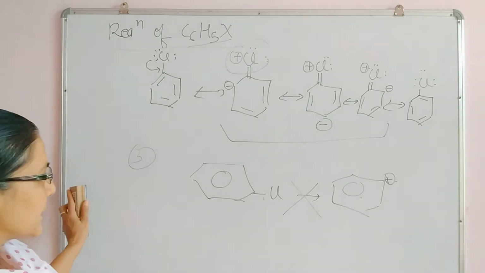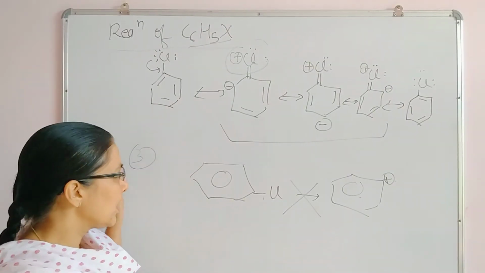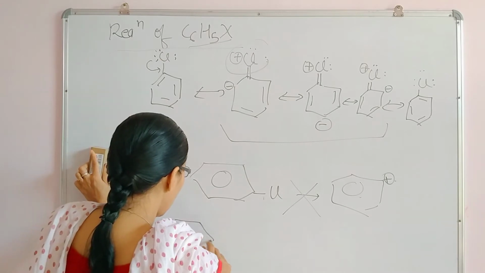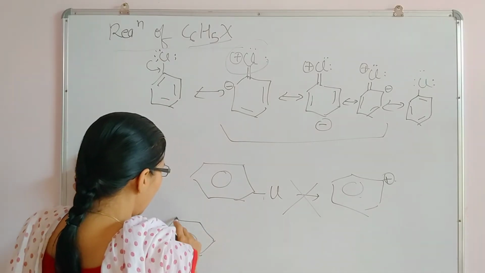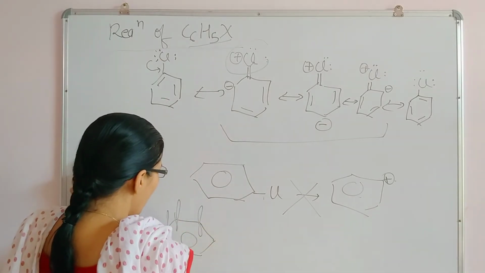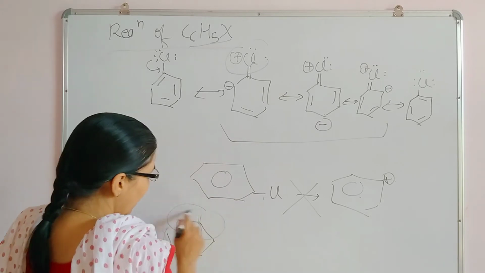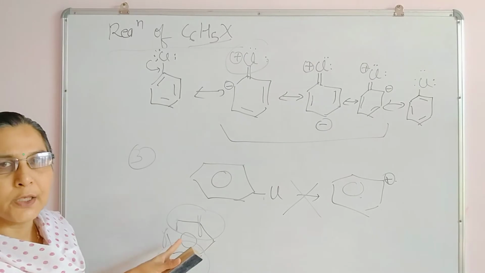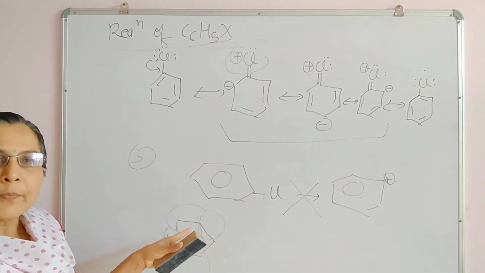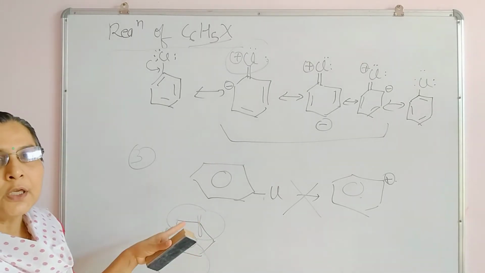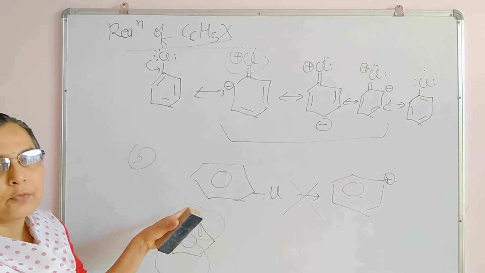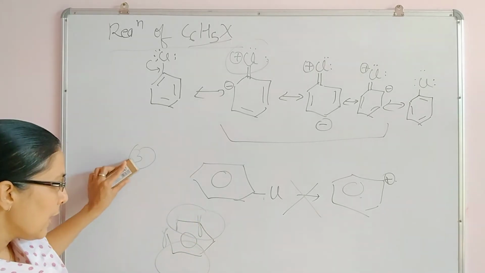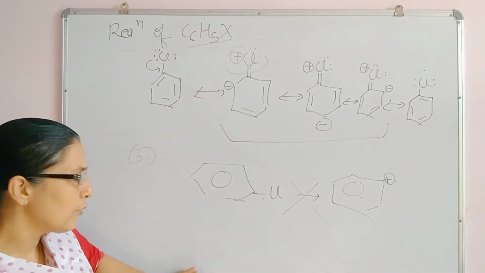So these 3 reasons, along with the other 2 reasons: you know very well that for the benzene ring, above and below there is an electron cloud above the plane and below the plane. Please, from your 11th class memory, memorize that above the benzene ring and below the benzene ring an electron cloud is there.